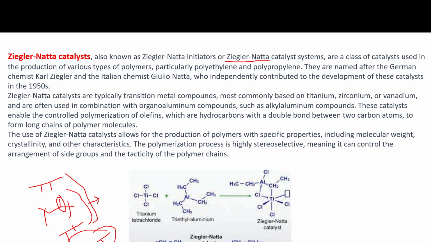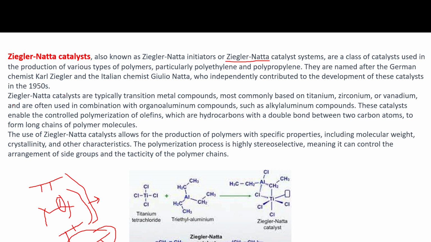There is a method developed by Carl Ziegler and Italian chemist Giulio Natta in 1950. They used transition metal catalysts which initiate the polymerization, and these catalysts, throughout the reaction, help to get isotactic and syndiotactic polypropylene.